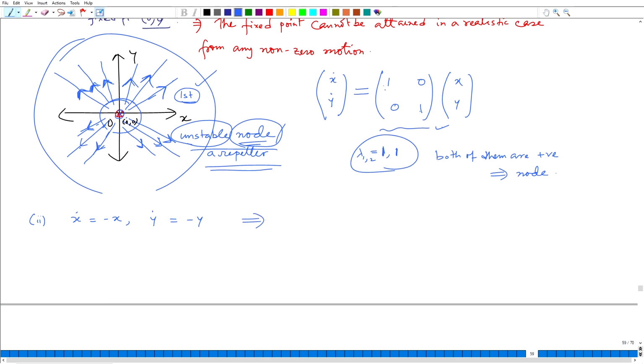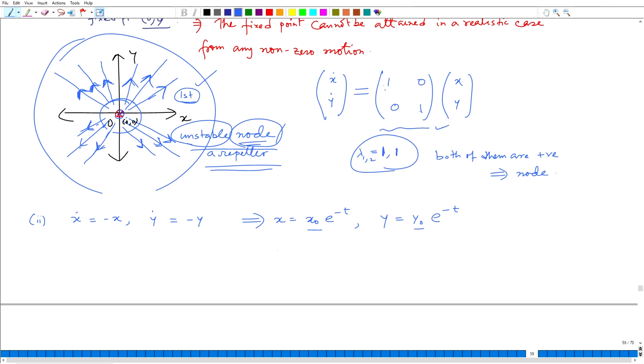What will be the solution for x and y in this case? They will simply be given by x is equal to x 0 e to the minus t and y is equal to y 0 e to the minus t. Here x 0 and y 0, just like the previous case, may be positive or negative, and they may also be equal or unequal.